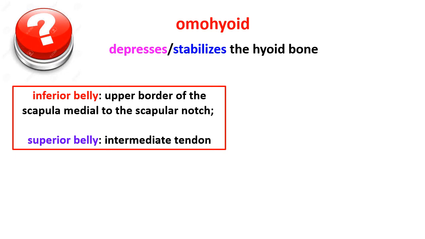There is an inferior belly and a superior belly. The inferior belly attaches to the upper border of the scapula, just medial to the scapular notch, and as it goes up and becomes superior belly after the intermediate tendon.